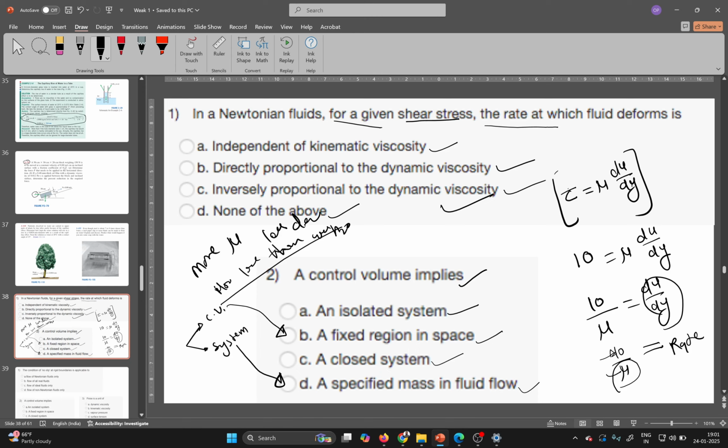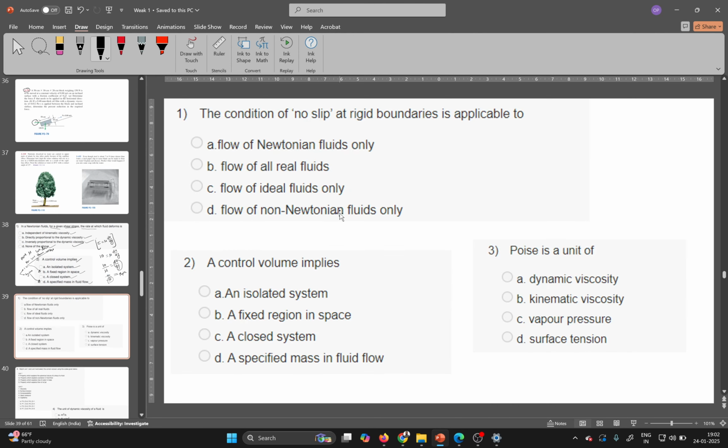Remember, in fluid mechanics we generally follow the fixed region in space, which is the control volume approach.